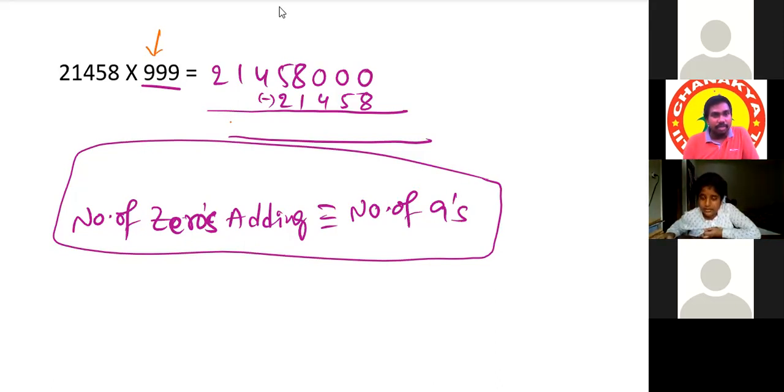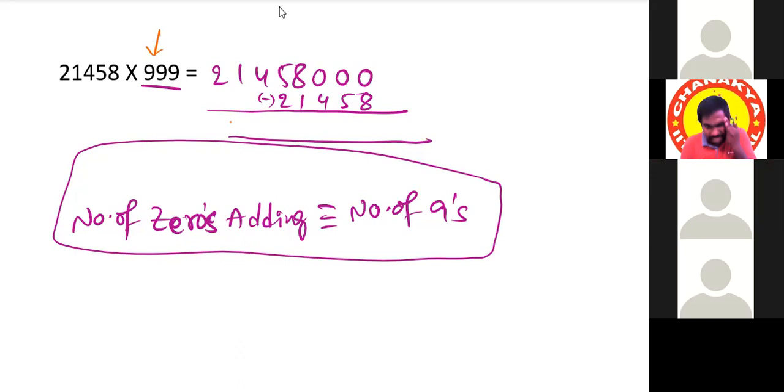Where it is applicable. Okay, we together will do: 2, 1, 4, 5, 8 as 2, 1, 4, then 6 is actually 7, but the next place is mismatched. That's why 6 only.